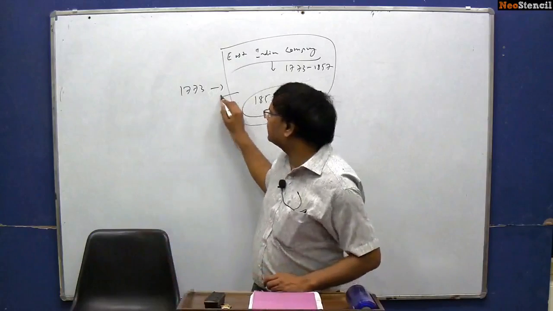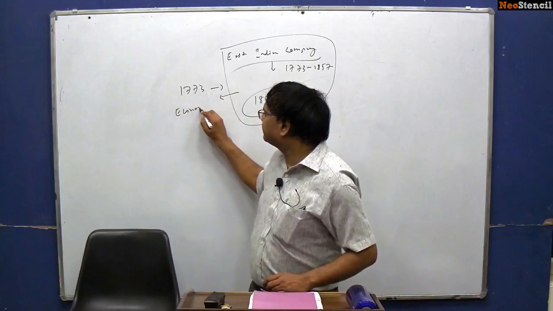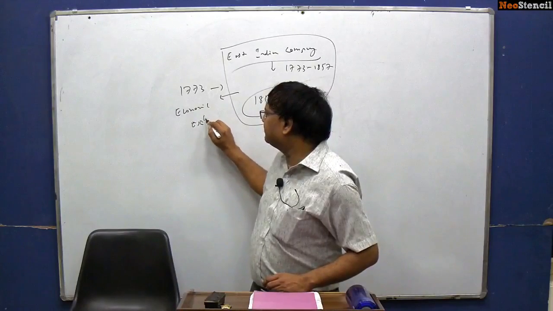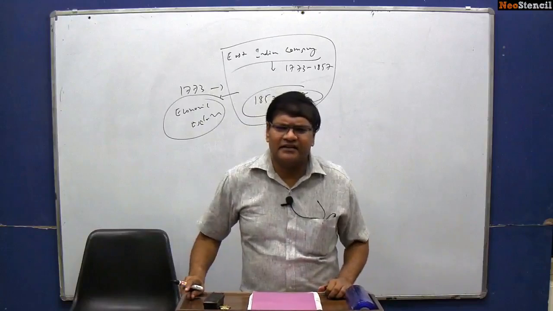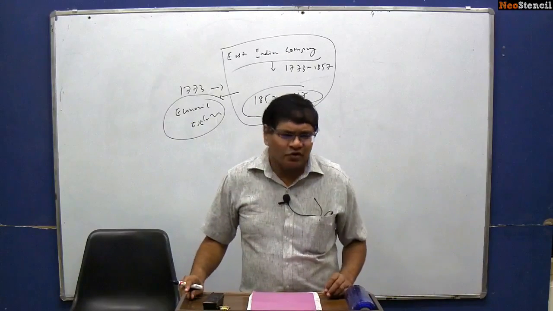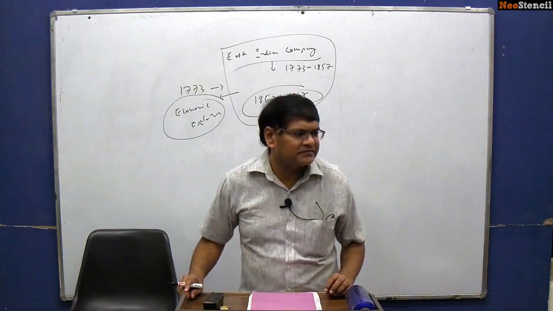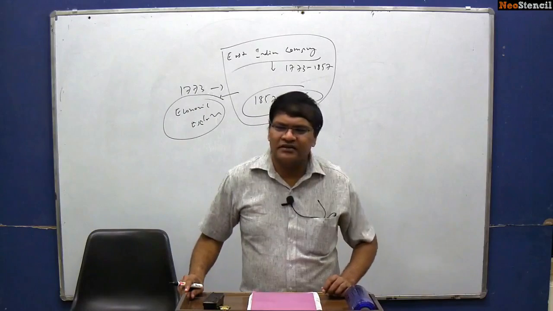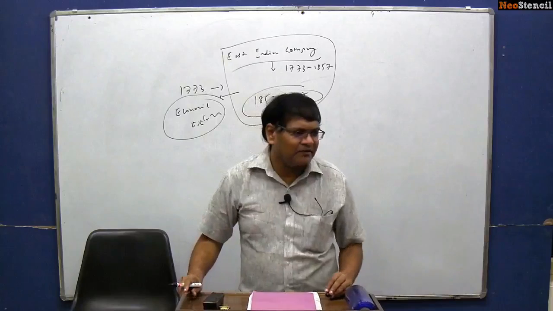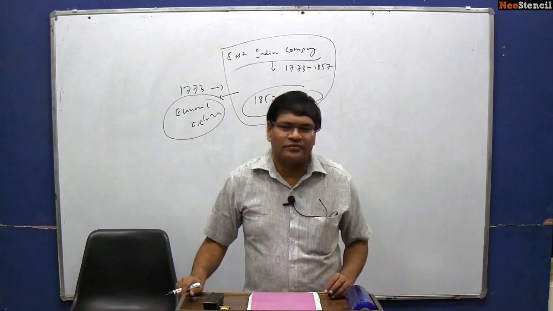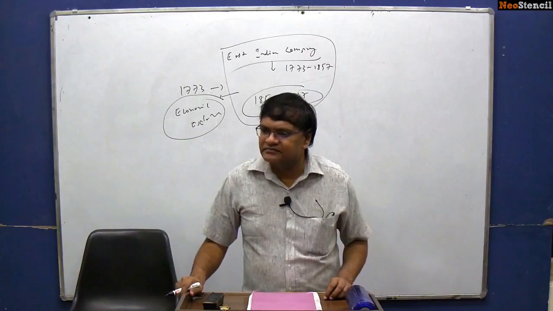Their objective was economic exploitation. They wanted to exploit the country. And that is the reason why whatever so-called reforms they had introduced, those reforms were only to ensure that they would be able to maximize the economic exploitation of the country.